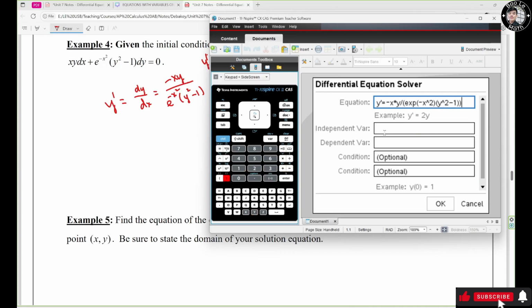Keep that in mind. Independent variable should be s, dependent variable should be y.